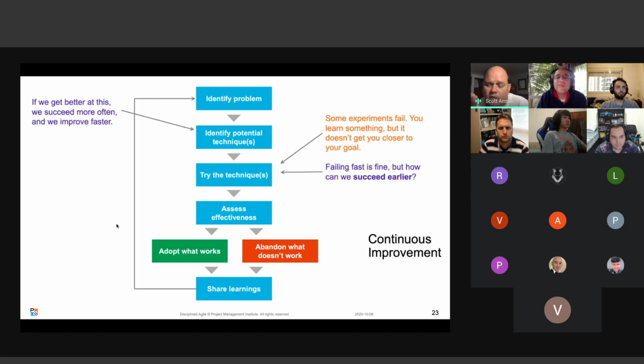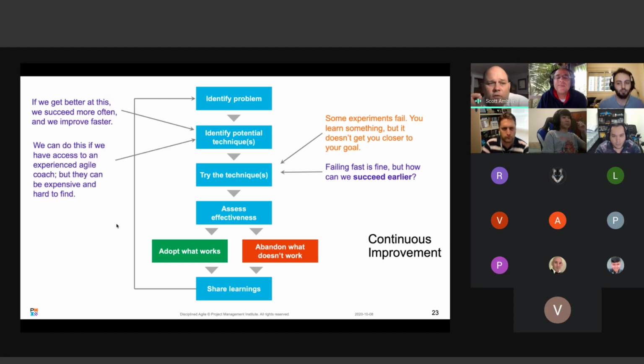And the secret to this is if you have the humility to recognize that even though you're unique, you still face problems that have been solved by others in the past. So if we can leverage their learnings, then we will get better at choosing strategies that we can experiment with.